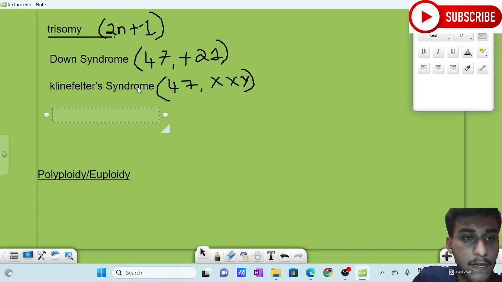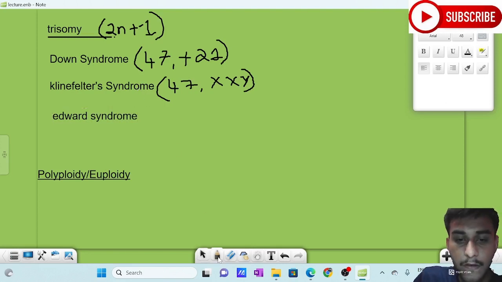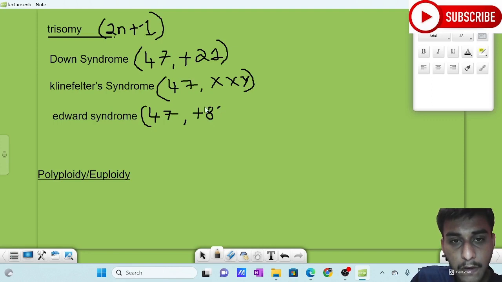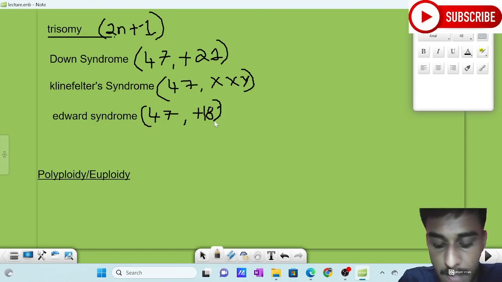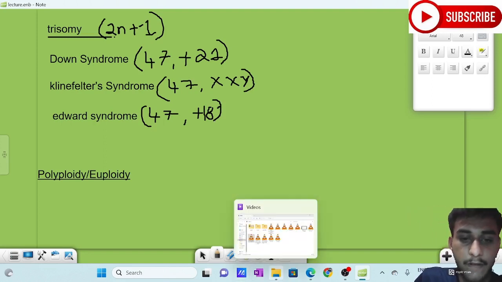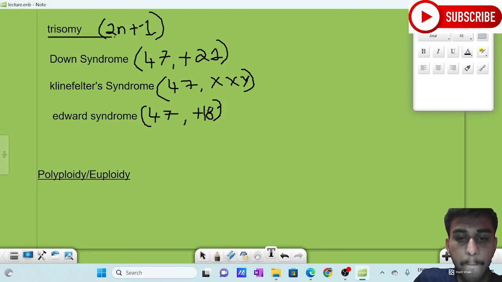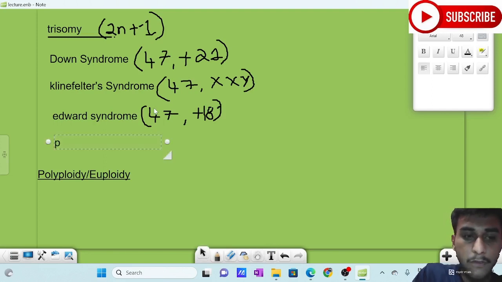Next, Edward syndrome: 47, 18. My handwriting is bad because of this system. Sorry for that. Next is Patau syndrome.